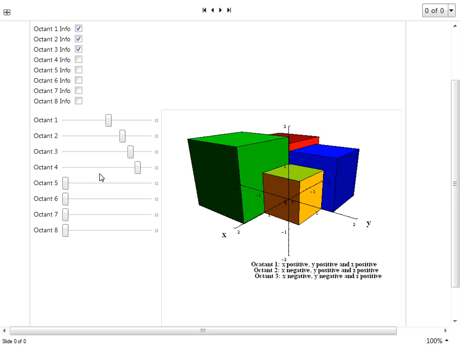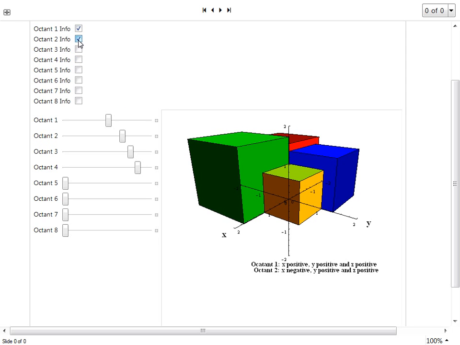What about octant 5? Where do you think octant 5 lives? Below octant 1. So you would have X positive, Y positive, Z negative. Uh-oh. I may not go to octant 5. Oh, there it goes. Yes.